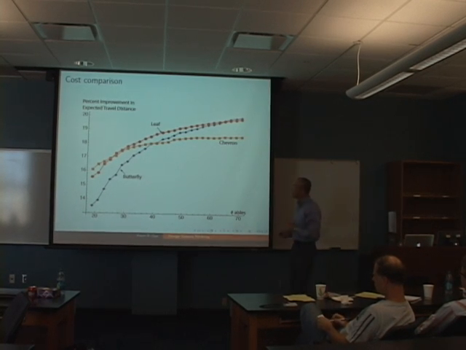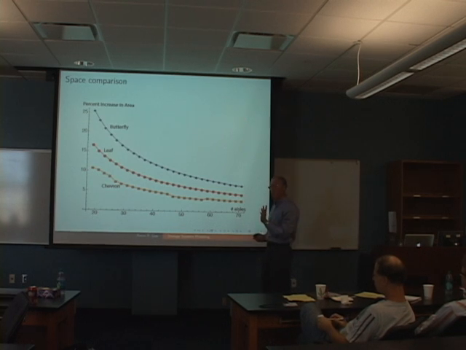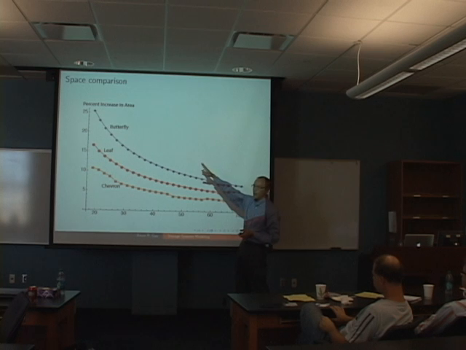Okay, so basically what we concluded, well, let me show you one more plot here. And then here's where you can get into the discussion of the trade-off between that travel distance versus space consumed. Here's the percent increase in area over a traditional design as the warehouse gets larger.